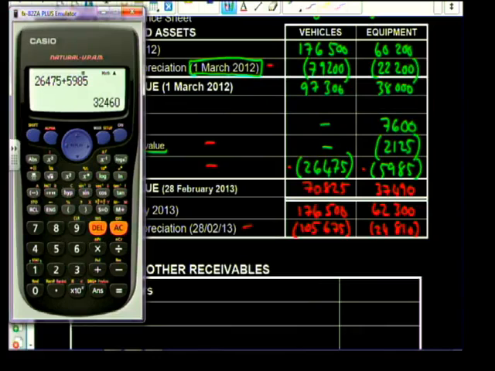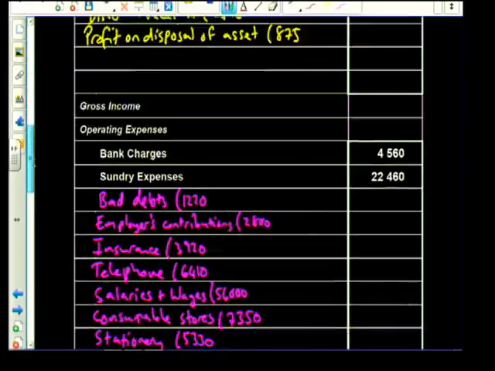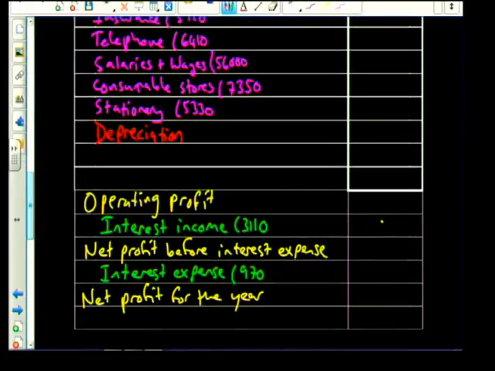That figure I'm just going to take and write in my income statement, 32,460. I'm going to show here as the depreciation for the year, 32,460. There are still 2 spaces left here, but we're going to fill them just now when it comes to doing the various adjustments.